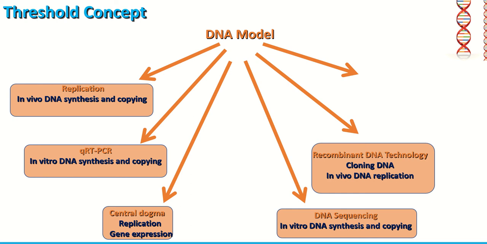Recombinant DNA technology, where a piece of double-stranded DNA is cloned into another carrier of DNA, also involves in vivo DNA replication, in which copies and clones of the target DNA are allowed to increase in number and produce clones of the specific DNA fragment. So it's essential to understand the DNA model, and the DNA model structure is also important to understand the gene structure.